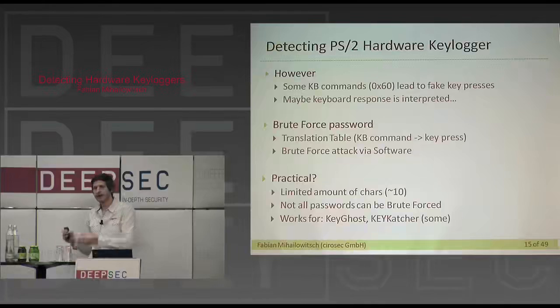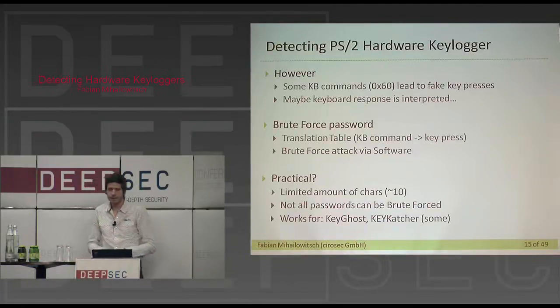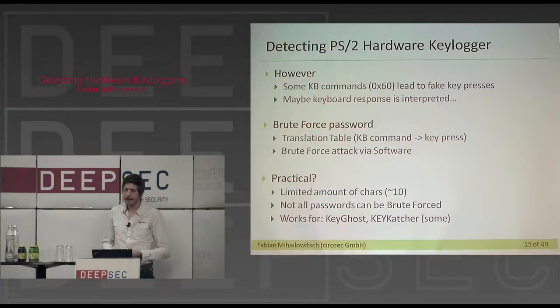So you can send certain keyboard commands from the KBC to the keyboard, and you can provoke fake keystrokes, which are recorded by the keylogger. So what you can do now is create a translation table of which keyboard command leads to which key press, and then you can try to perform a brute force attack via software, and it does work.